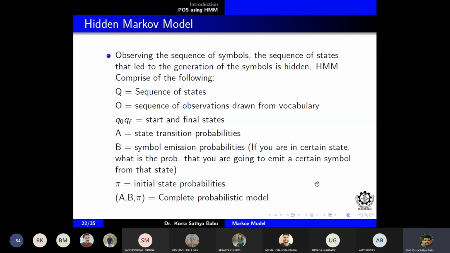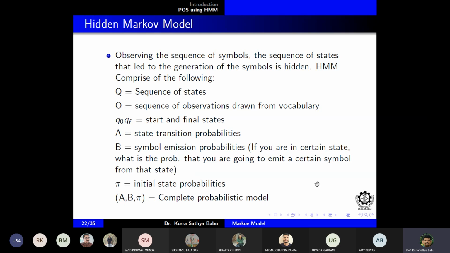The earlier things, the sequence of states or observations, and the start and final states, are all common with a finite automaton. The additional things for how the transition takes place are A, B and pi.